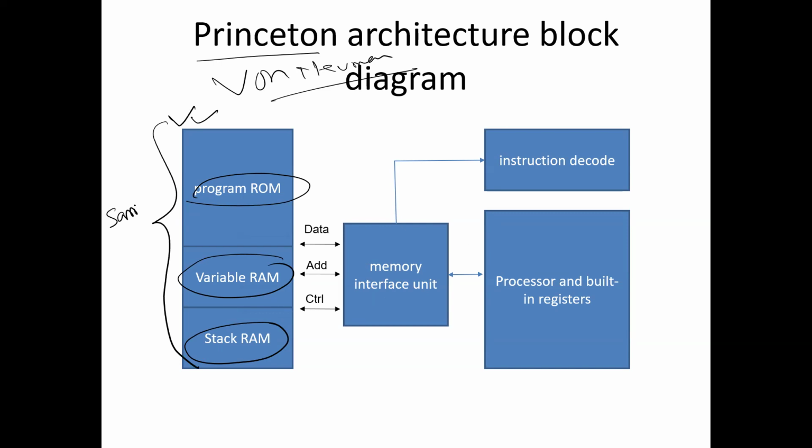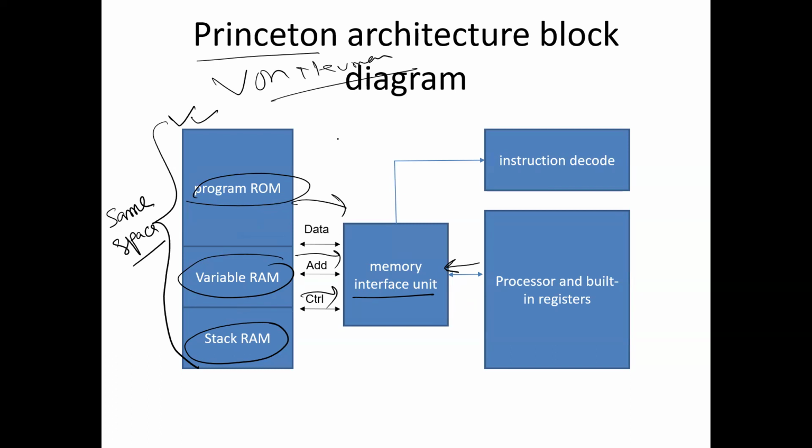If the processor wants to access the memory, the processor must call the memory interface unit. After that, data and control, any memory, we can access through this unit.